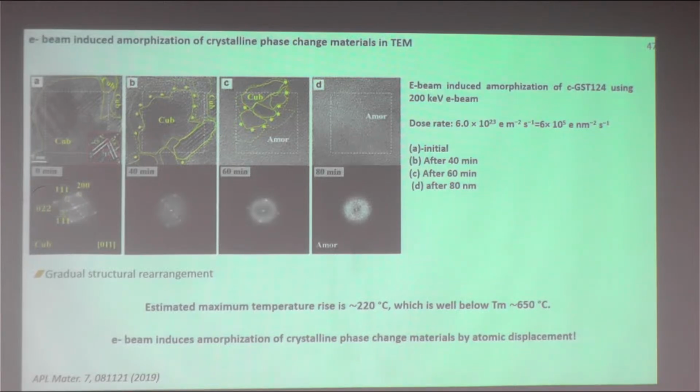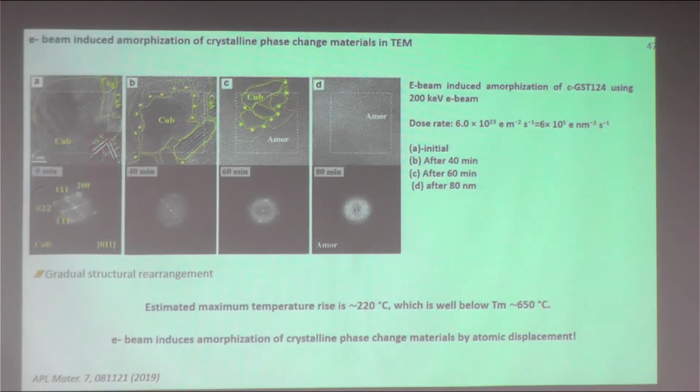Again, we know if we can induce large enough distortions in the system, we can go from crystalline to amorphous state. And maybe this is a nice example of the theoretical results from the lecture yesterday.